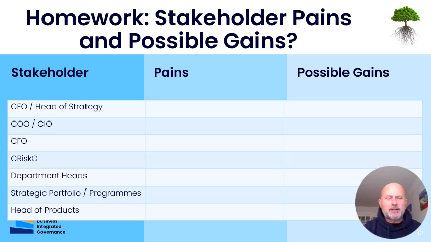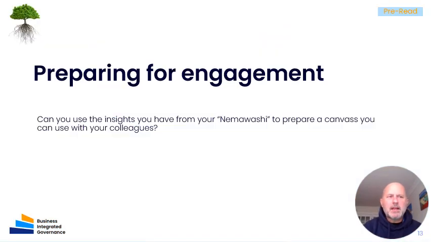Let's do that at a high level, just to make sure that we've got a good understanding of our potential audience. Having perhaps thought about our stakeholders and maybe even gently chatted to them about their pains and expected gains, and worked around the roots using this Nemawashi style, let's try and capture that and play it back and develop it further.